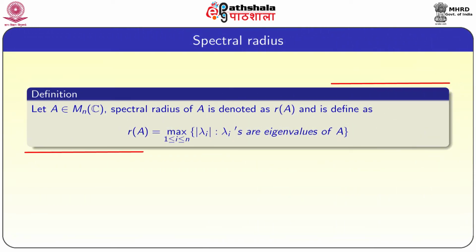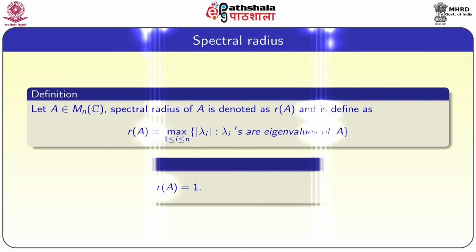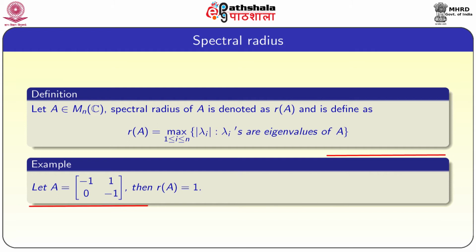Now, we are defining the spectral radius for a matrix. Let A belong to Mn(C), that is, the set of all n by n matrices with complex entries. The spectral radius of A is denoted r(A), which is defined as the maximum of the moduli of all eigenvalues of A, that is r(A) equals the maximum over 1 less than or equal to i less than or equal to n of |lambda_i|, where lambda_i is an eigenvalue of A. For example, for the matrix A equal to [-1 1; 0 -1], the eigenvalues are -1 and -1.